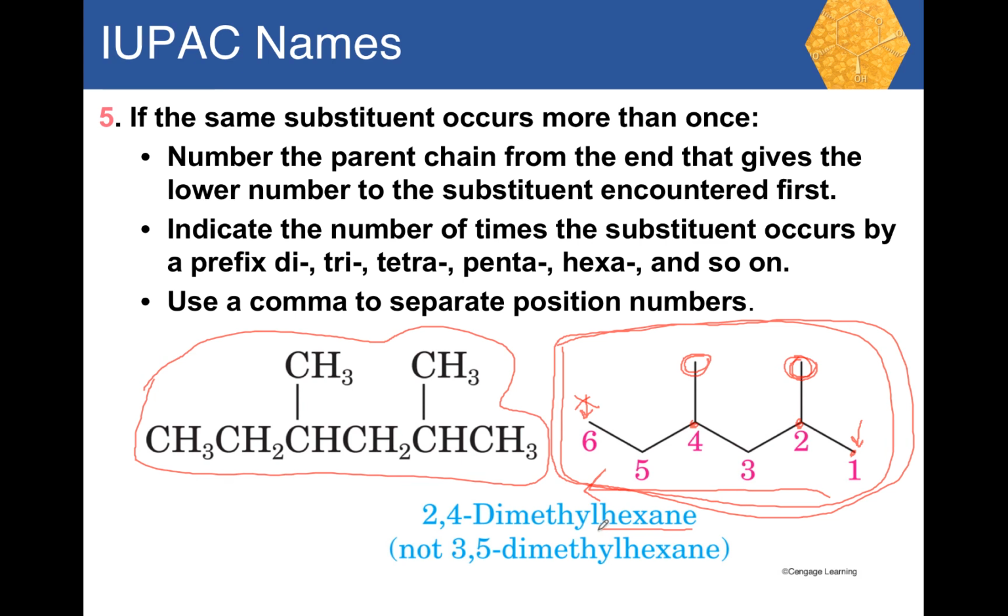As you can imagine, it could be written as methyl, methyl, but instead we combine that and say it's a dimethyl, 2 methyls. Of course, we'll have to indicate the position of those 2 methyls, and it's on carbon number 2, here it is, and carbon number 4, here it is.